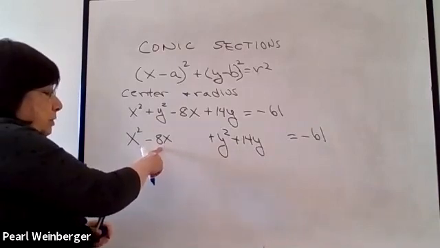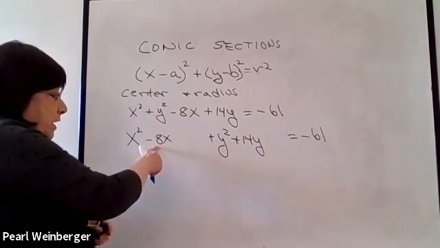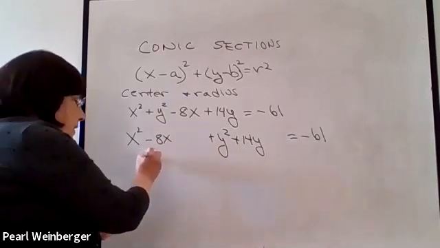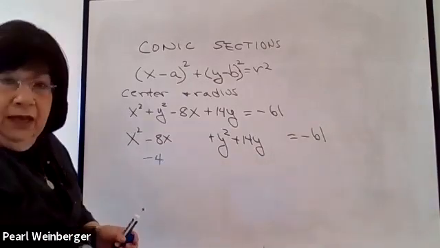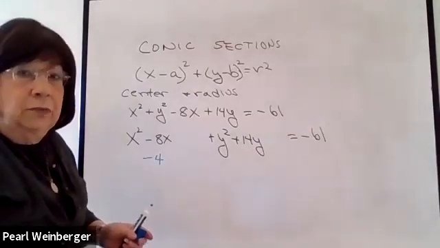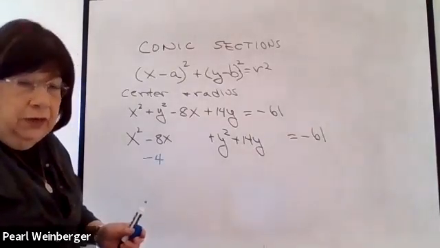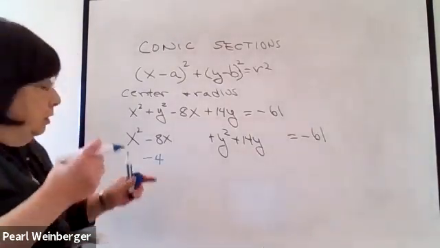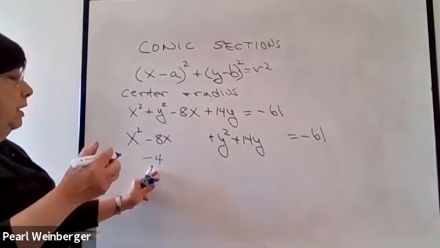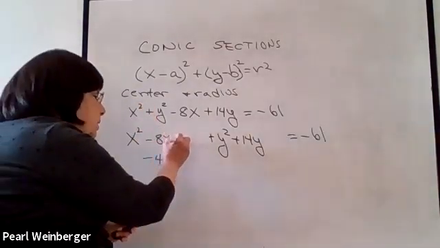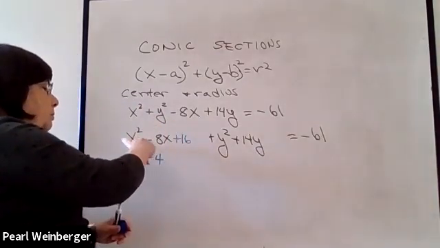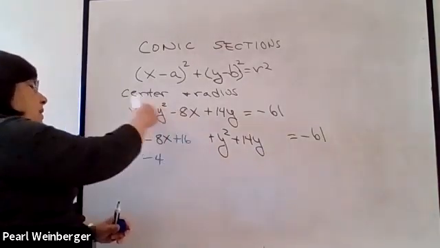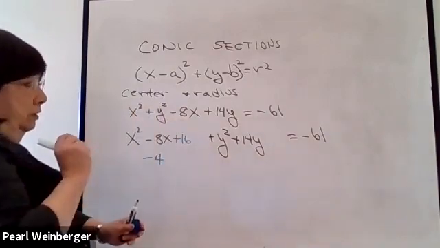Then we divide the number in front of the x by 2. That'll give us -4. And we multiply it by itself. We square it. It's called completing the square. We square -4, and what we get is +16. So that x squared minus 8x plus 16 is now a perfect square.